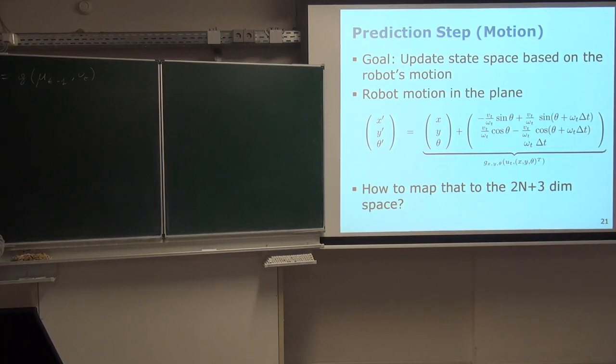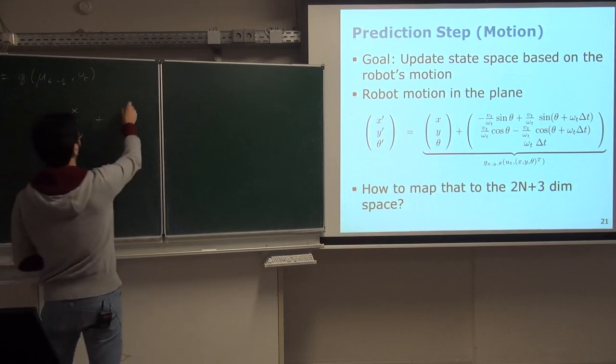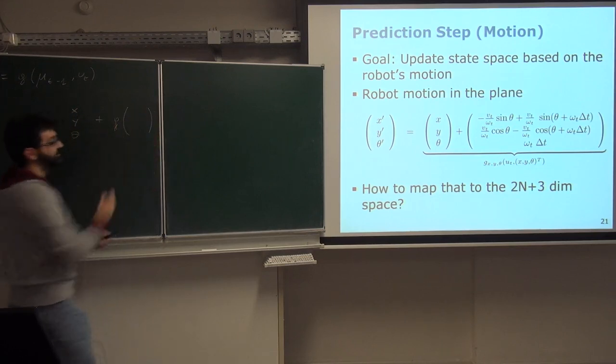Imagine you have x, y, theta, and then we have x prime, y prime, theta prime, this is what we have, equal to x, y, theta plus, and let's say this is our g. That's what's written in here.